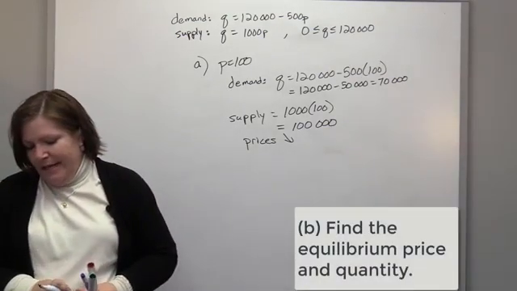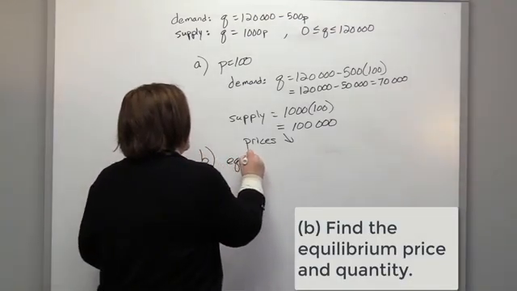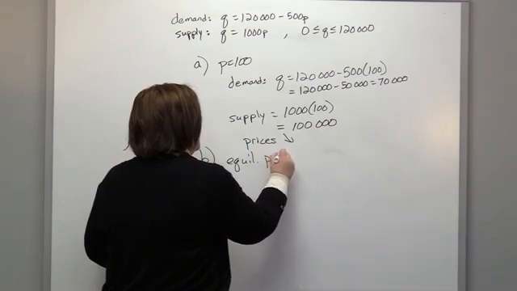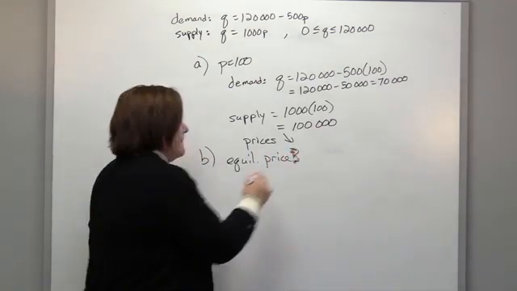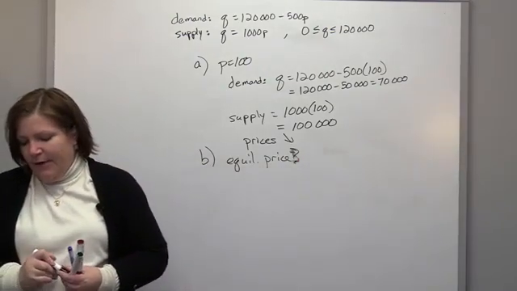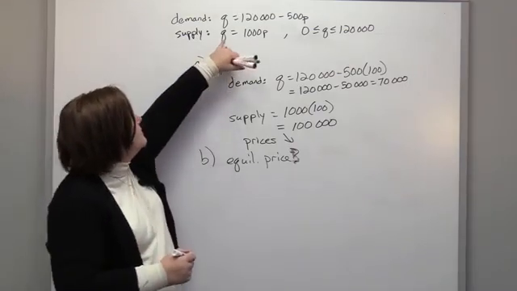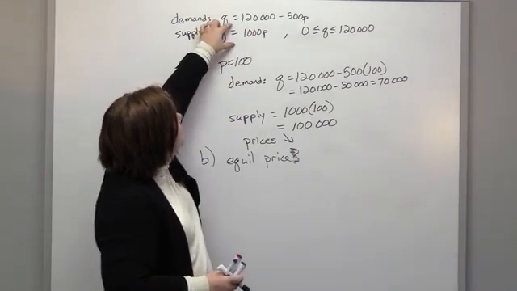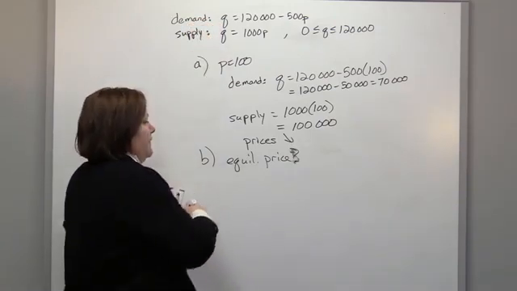Then for part B, they ask, what is the equilibrium price? And remember, the equilibrium price would be when supply equals demand. So we have to set them equal to each other. So we set the Q's equal to each other.